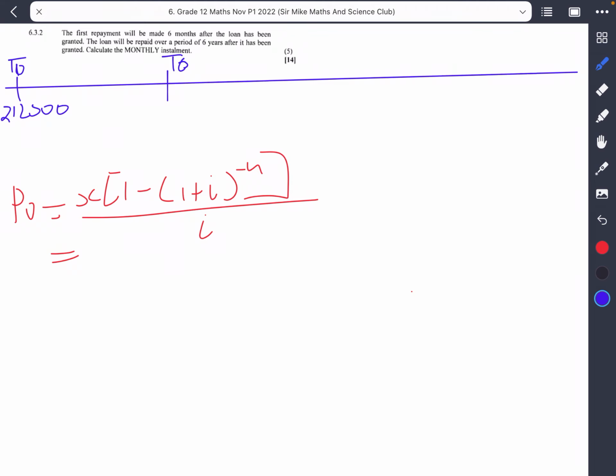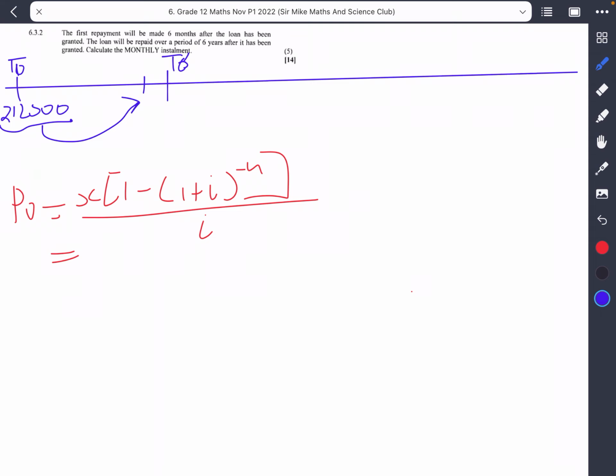The loan amount of 212,500 is granted here. But Dino started making the monthly installments 6 months after the loan was granted, so Dino started to make the monthly payments at T6.